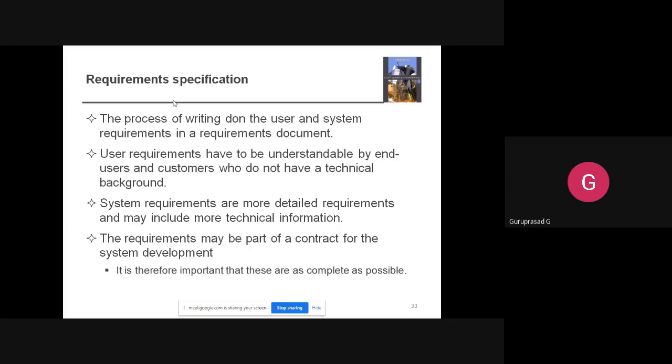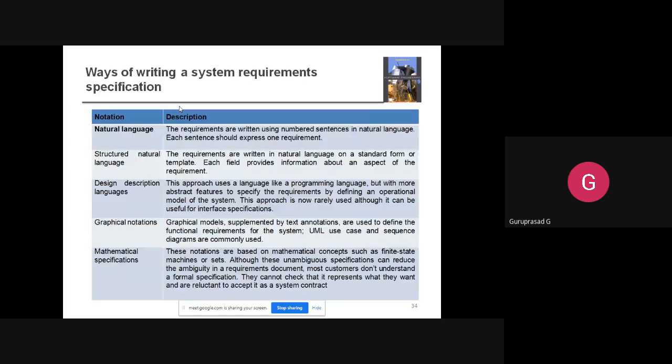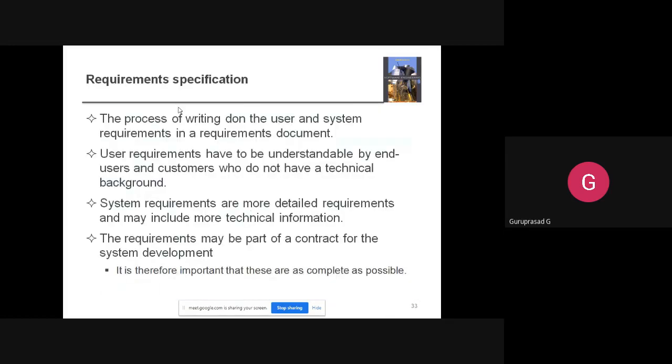So naturally this will lead to ambiguity. But our goal in requirement specification is that it should be clear, unambiguous, easy to understand, complete and consistent. These are the expected goals of writing the requirements.